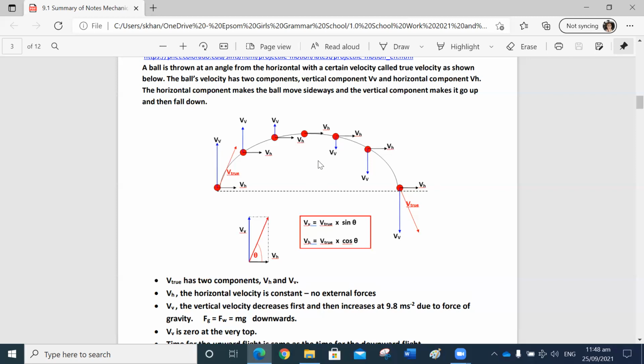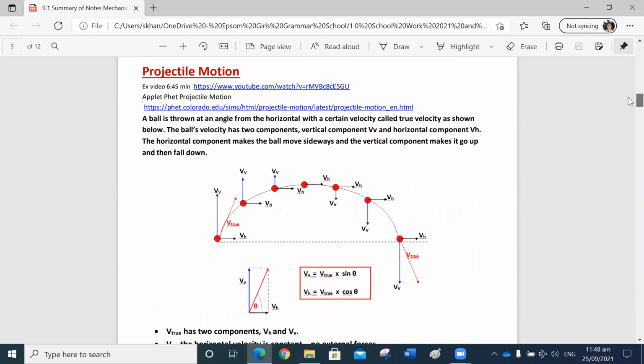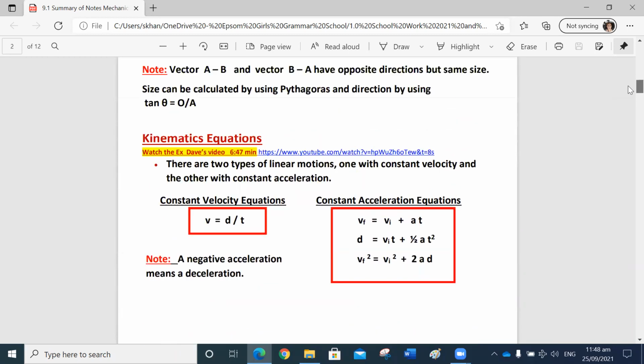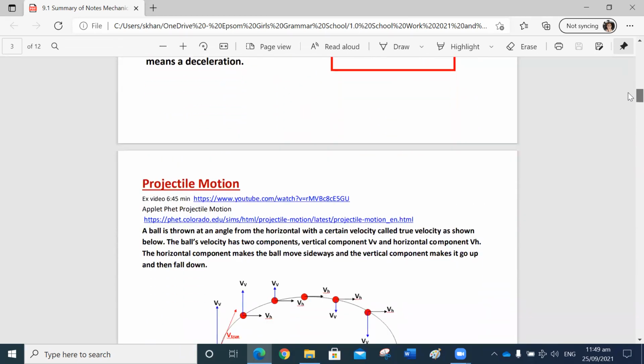If you have to find the vertical height, then obviously when the ball is going up, it's decelerating. So then you can use one of those equations. So if you were given an initial velocity, and you've calculated the time, you know the acceleration, so you can calculate the distance traveled in a vertical direction.